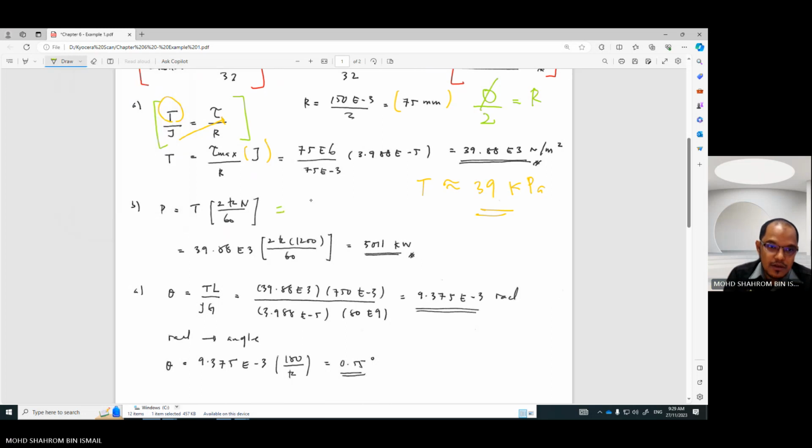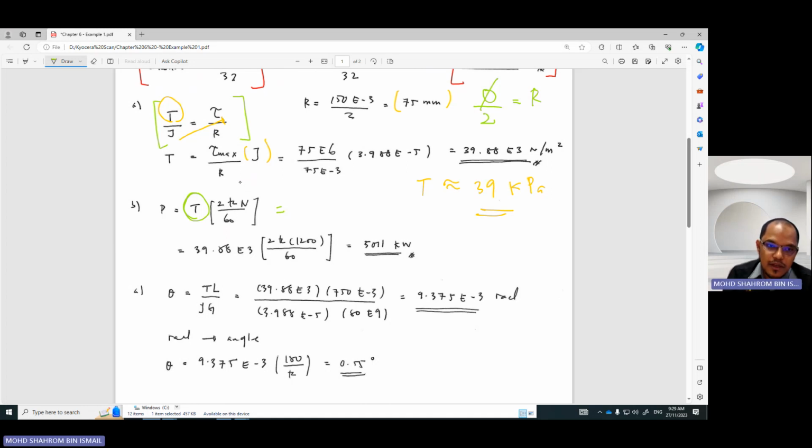This is the equation of power. So we got torsion. This one is torsion. Multiply by 2 pi n divided by 60. Yeah, 2 pi n divided by 60.